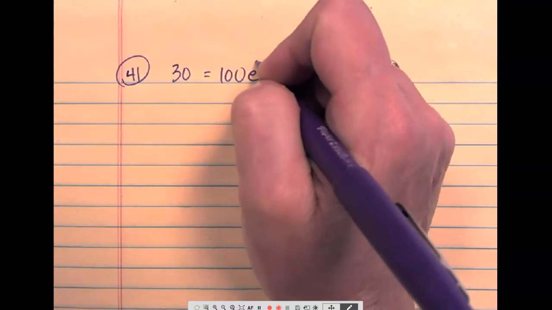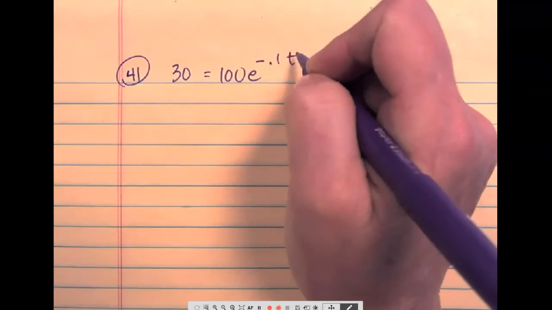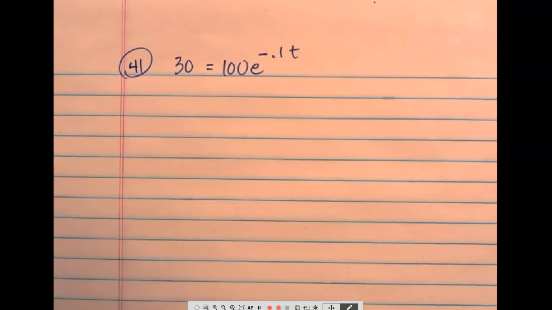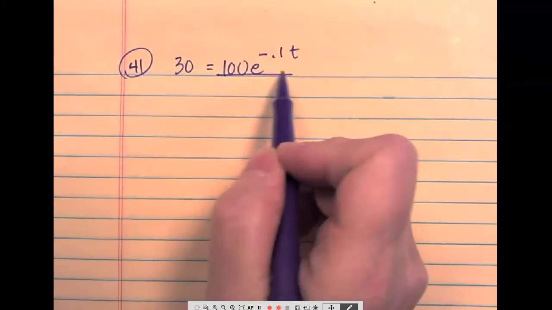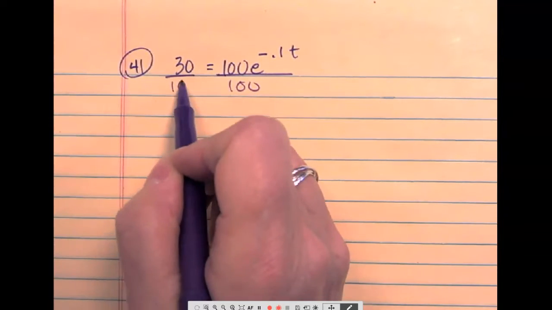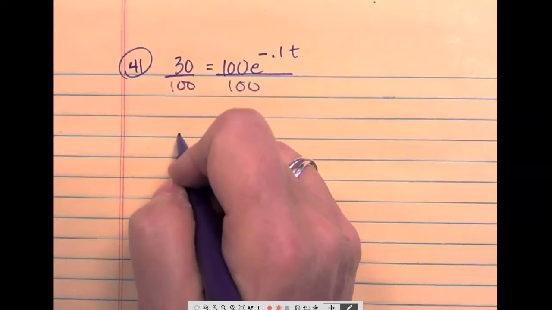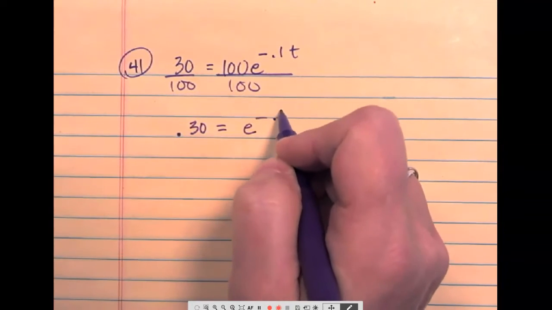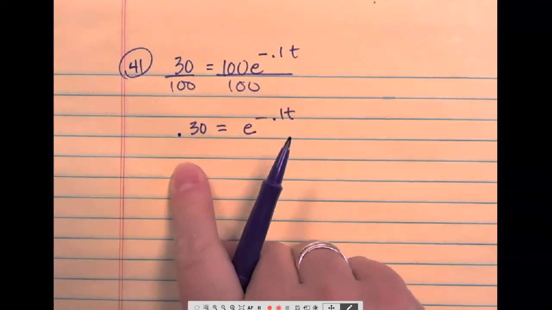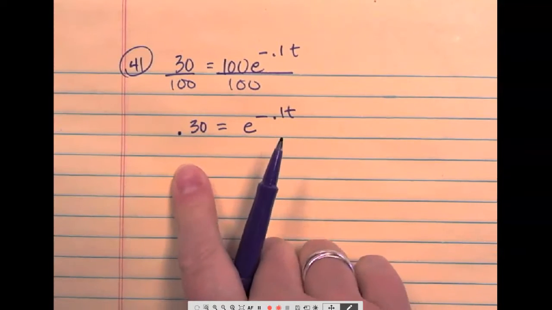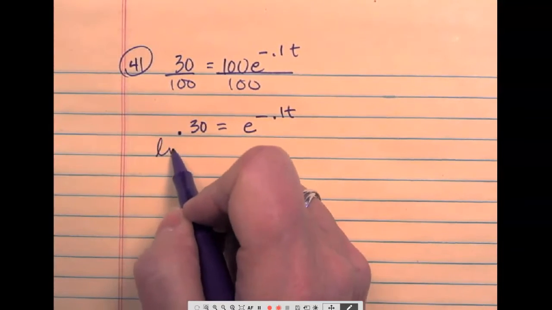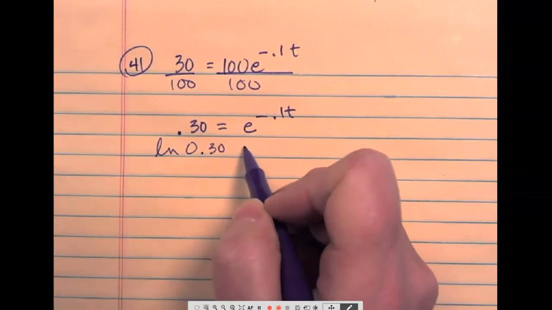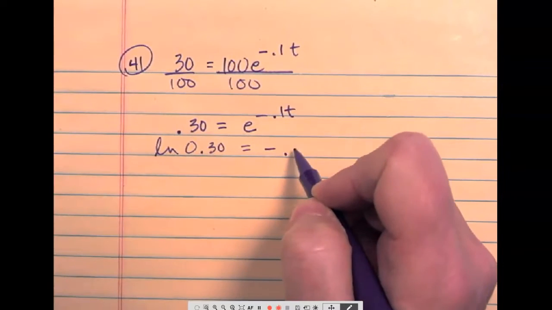Okay, decreasing at 0.1. So K is negative 0.1 times T, and we're looking for T. When will the output fall to 30%? So let's solve it for T. I'm going to divide by 100. So here you can see that I could have started with 1 and 0.3 because that's what we're going to end up with anyway. Natural log both sides. Bring that coefficient down.